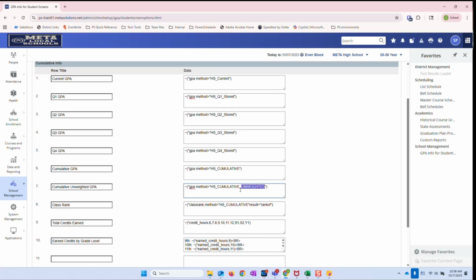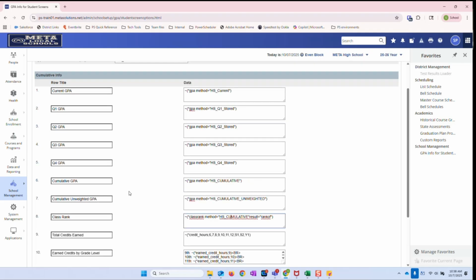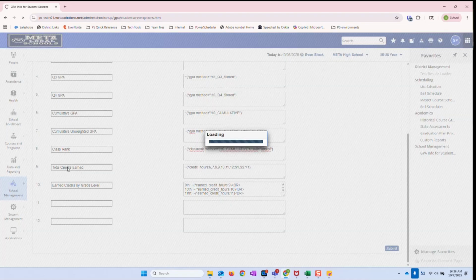If this student didn't take anything with added value in her freshman year, then these two are going to be the same. That's why they are the same. All right. Class rank is utilizing the cumulative GPA, so on and so forth. Again, I'm not going to go into this down here. All right. I'm going to flip this back to cumulative again.